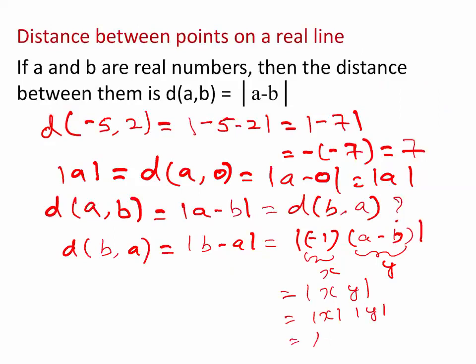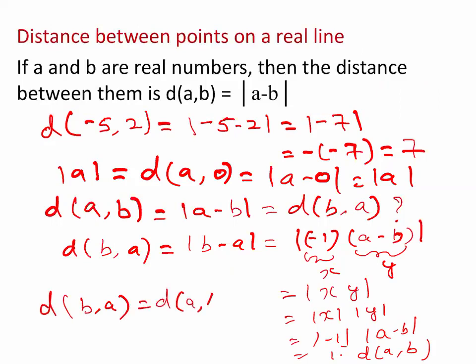That is nothing but the absolute value of minus 1 times the absolute value of a minus b. As minus 1 is less than 0, its absolute value would be 1. So 1 times the absolute value of a minus b, which by definition is d of a comma b. So d of b comma a is equal to d of a comma b.